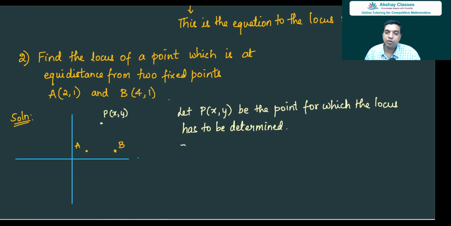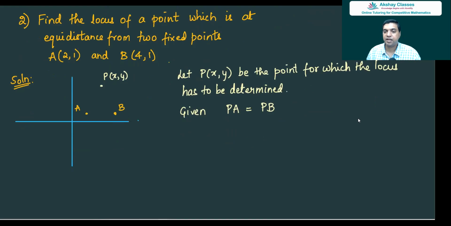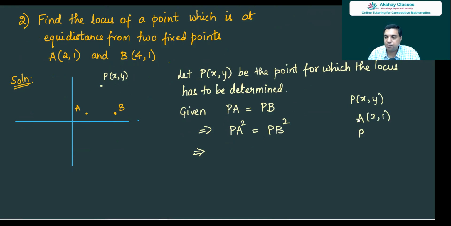Now, the given condition is that the distance of P from A is the same as the distance of P from B. So we can square them to remove the root and then use the distance formula. P is (x, y), A is (2, 1), and B is (4, 1).